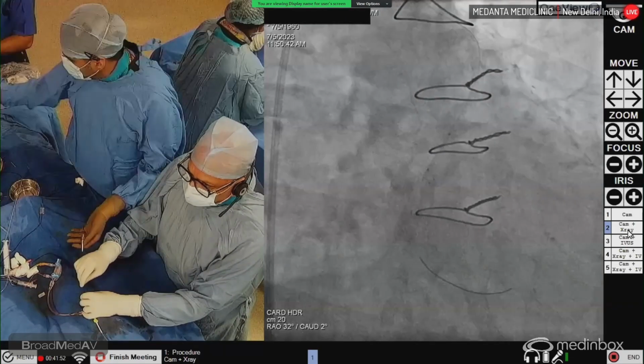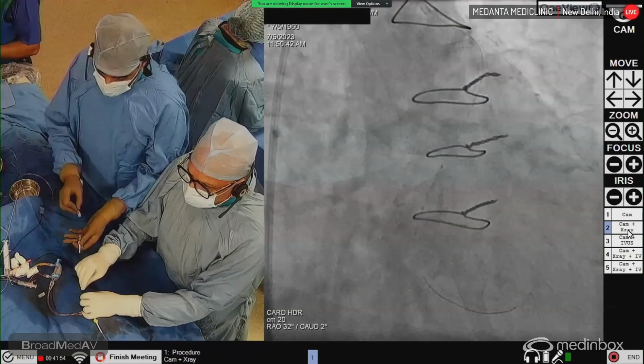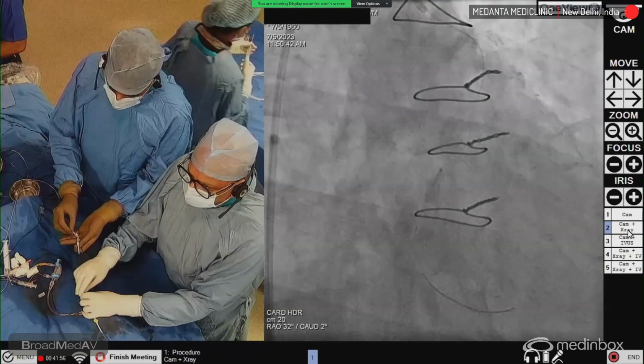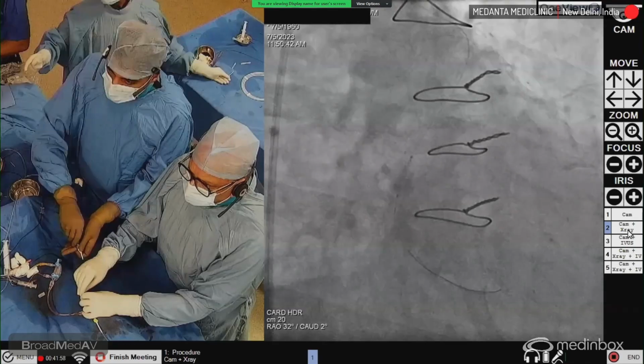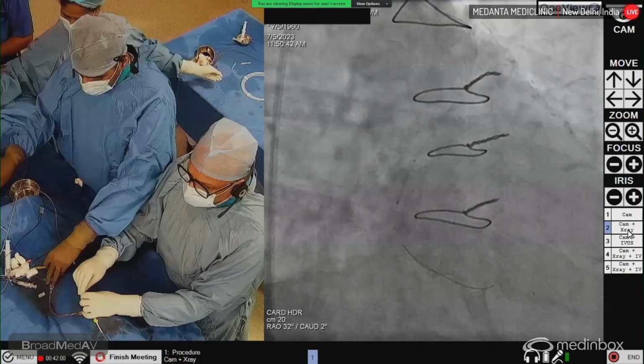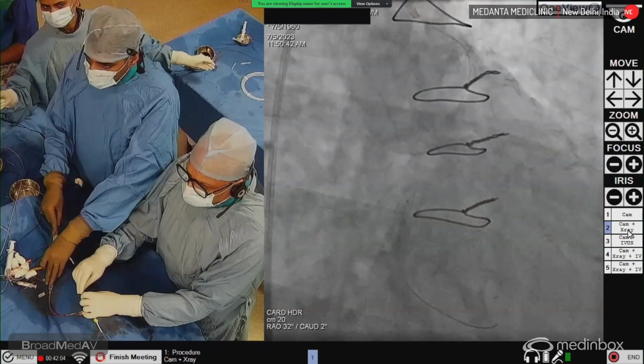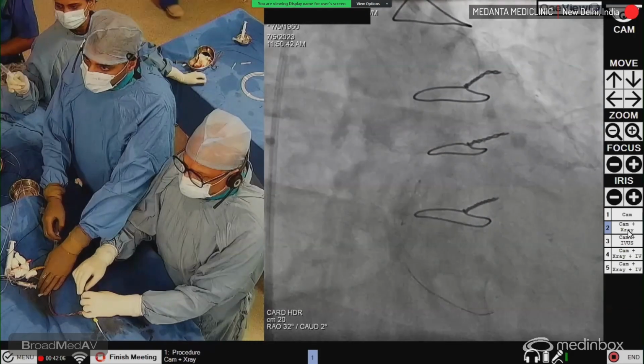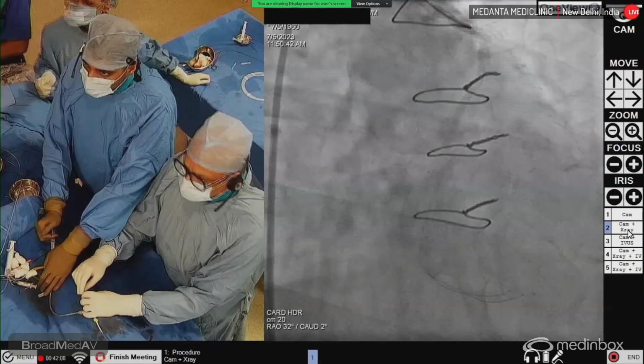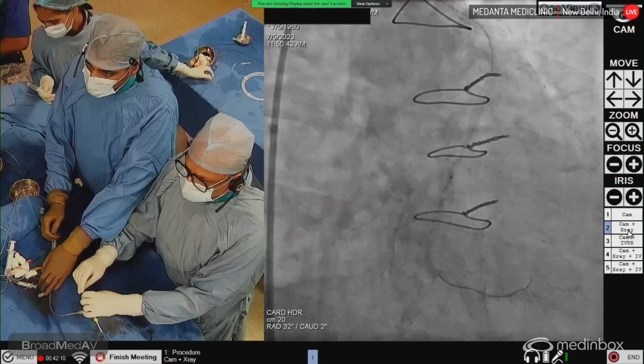So this is a 3 by 12. Okay. So now in this era where we have to minimize the contrast, I always try to use the landmarks which are there. So we can just do a gentle shot over here.